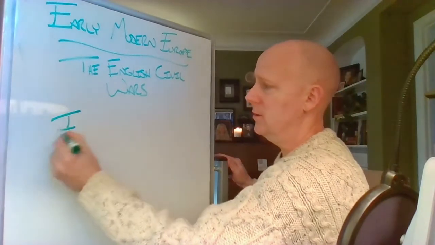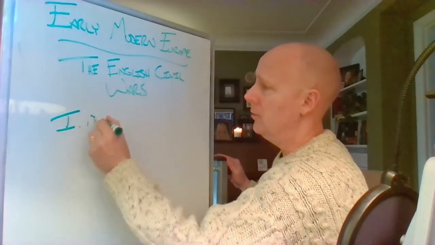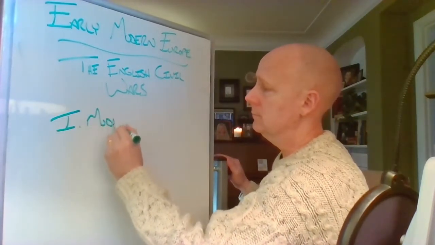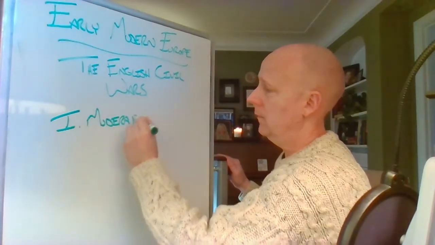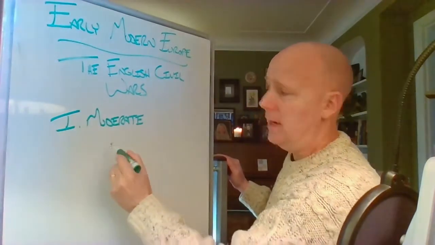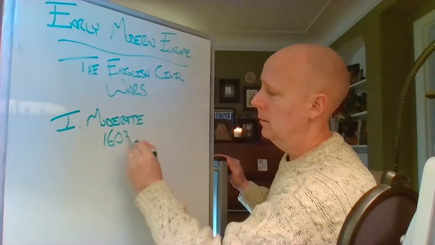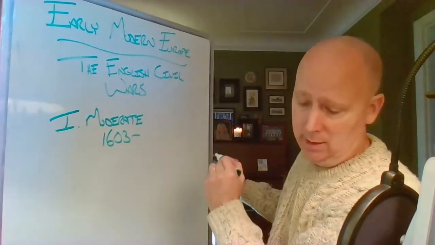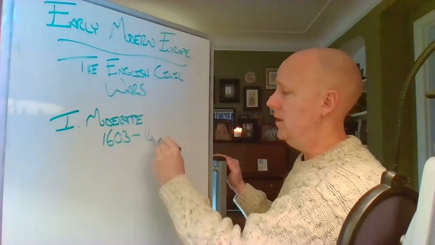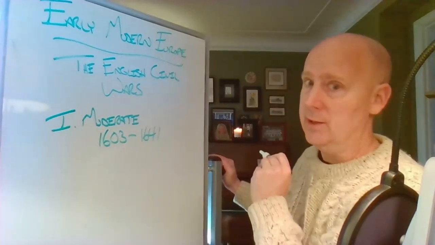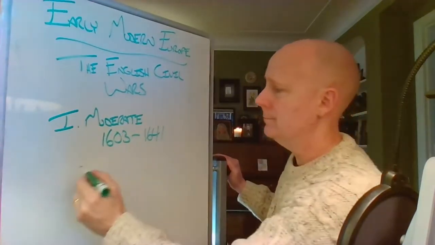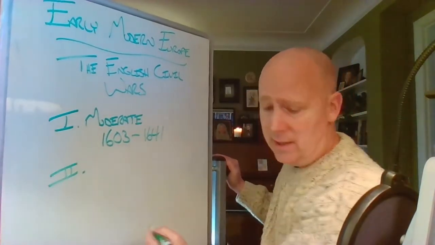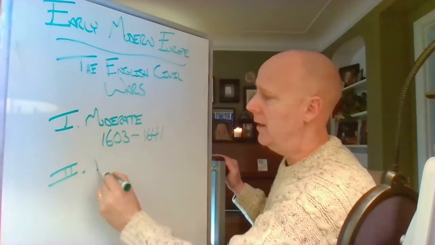And so the first is the moderate phase. And that lasts from 1603, when Charles becomes king, to 1641, when things really start falling apart. The second phase is the radical phase.